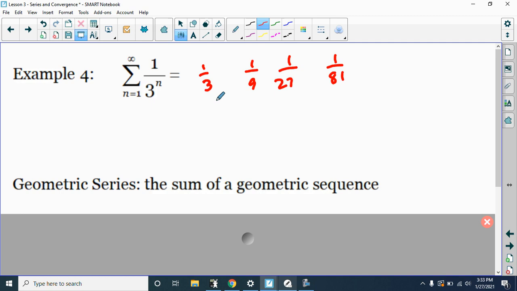Notice to get from one term to another, it's times 1/3, times 1/3, times 1/3. So this is indeed a geometric sequence because we're multiplying by the same thing over and over again to get from one term to the next.